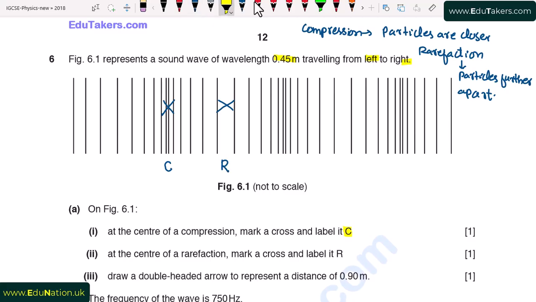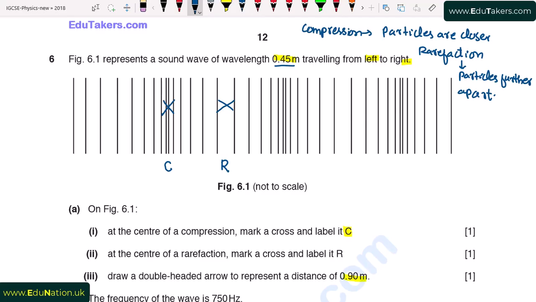Part 3. Draw a double-headed arrow to represent a distance of 0.90 meter. So here the distance is 0.90 meter, but on figure 6.1 there is no scale. So we can guess from this that one wavelength is a distance equal to 0.45 meter.